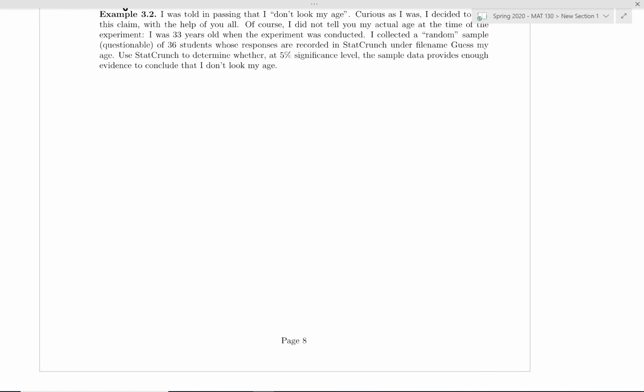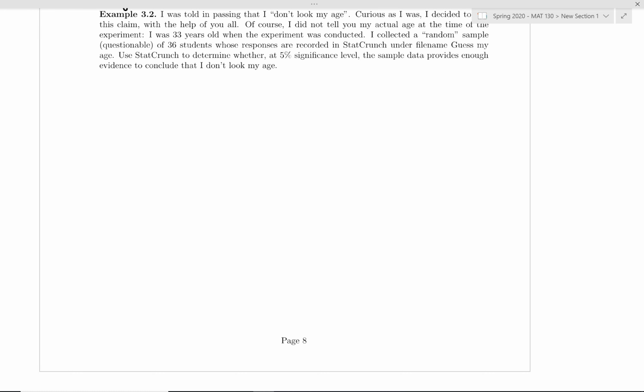I collected that data, and I have saved it on StatCrunch under file name Guess My Age. I collected a random, the random being questionable here, sample from 36 students on what my age was. And at the time of the experiment, I did not tell you what my actual age was. Well, I was 33 years old when the experiment was conducted.